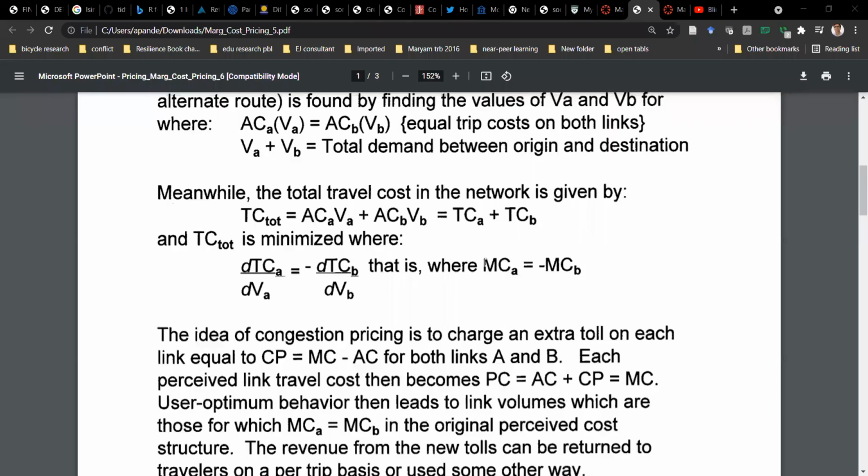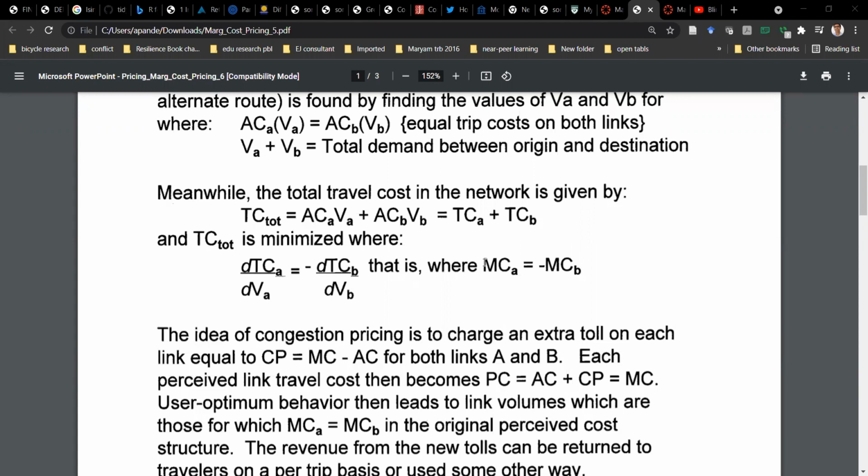So, the thing is that drivers are not necessarily worrying about average cost or marginal cost and all that. They're just trying to minimize their perceived cost. And if there is no toll at all, their perceived cost is whatever travel time they're spending on the road. So they're trying to minimize that perceived cost.